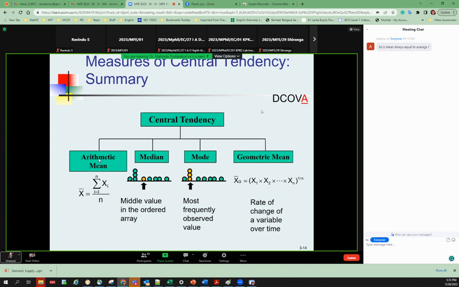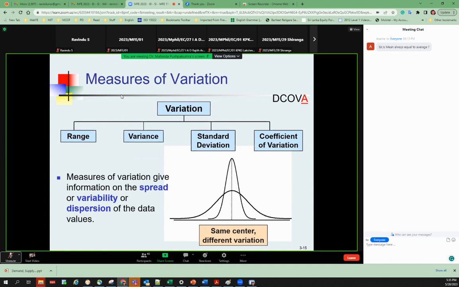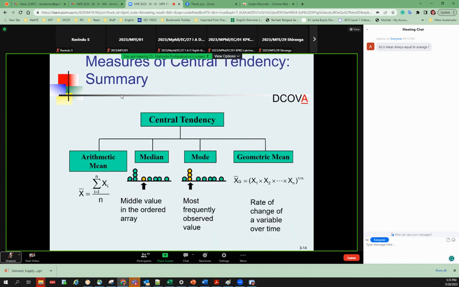Then this summarizes the things we discussed up to this point: arithmetic mean, median, mode, and geometric mean. If you have any doubt up to this point, you can raise it.